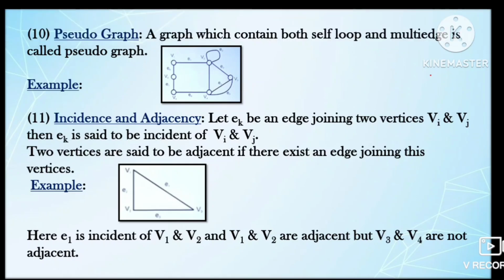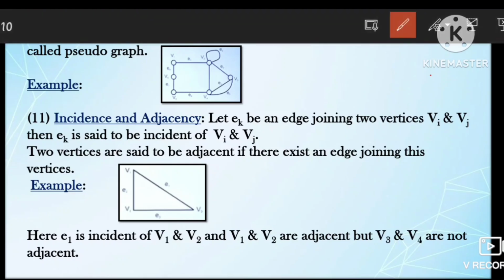Now 11th is the incidence and adjacency of the graph. Let EK be an edge joining two vertices VI and VJ, then EK is said to be incident of VI and VJ. The two vertices are said to be adjacent if there exists an edge joining these vertices. In the example you can see that E1 is incident of V1 and V2.